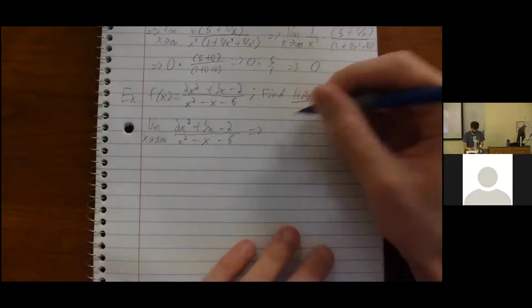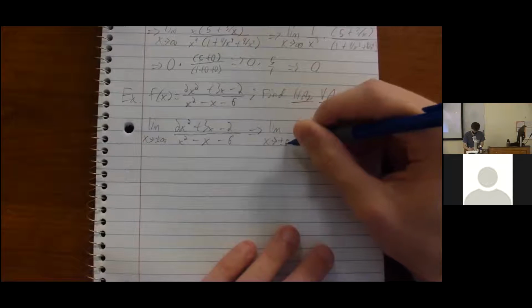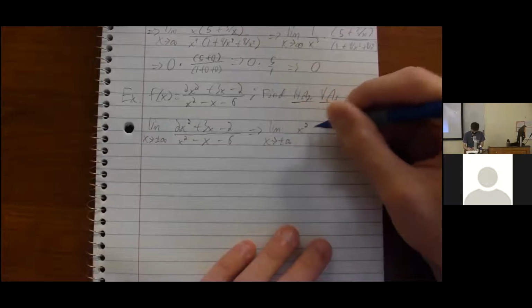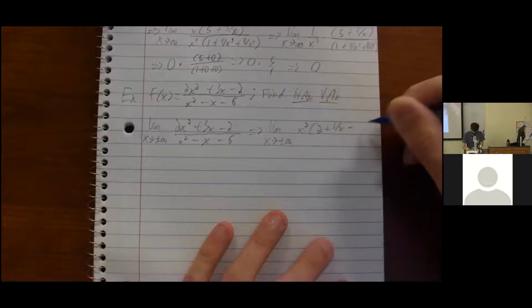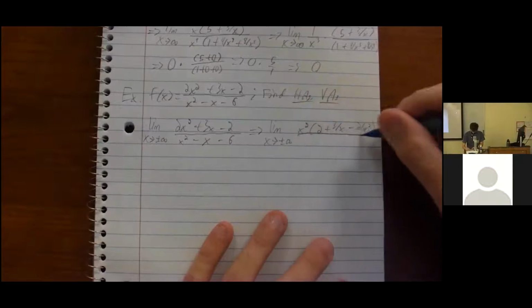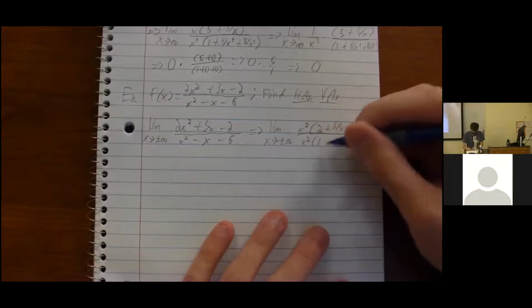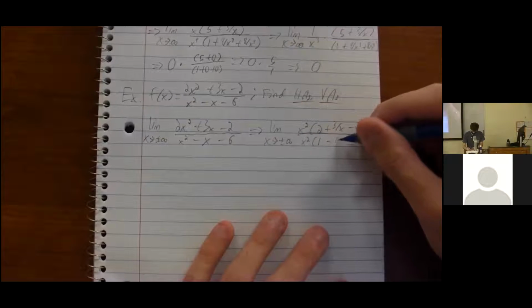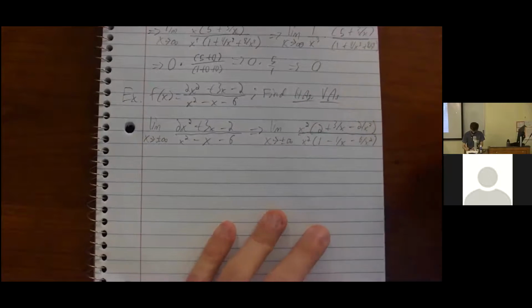So you can factor out that x squared. So x squared times 2 plus 3 over x minus 2 over x squared, right? Over another x squared times 1 minus 1 over x minus 6 over x squared.